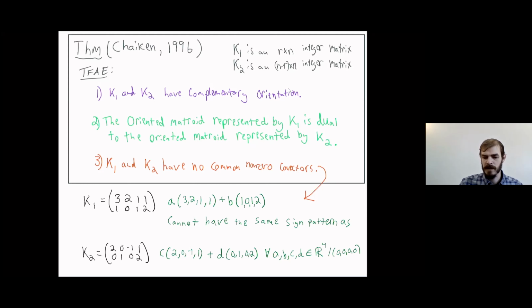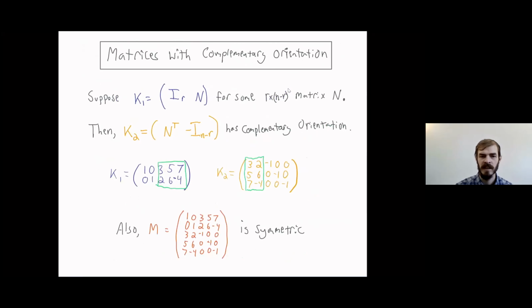There actually is a natural way of looking at this. And there's also specific matrices that we can work with where this is always going to be true. When I was originally proving this and working in the cell complex and Sampao group case, I was mostly working with these matrices. So K1 is going to start with the identity, and then it's just going to have some matrix of integers on the right. And for K2, we start with the transpose and then have negative identities. You can see K1 and K2 here.